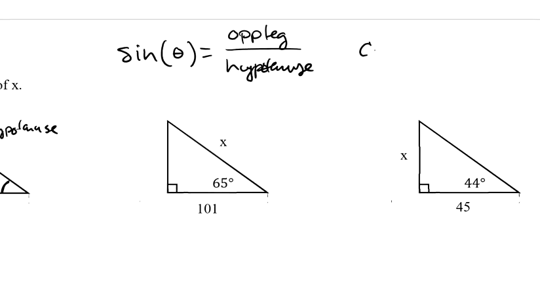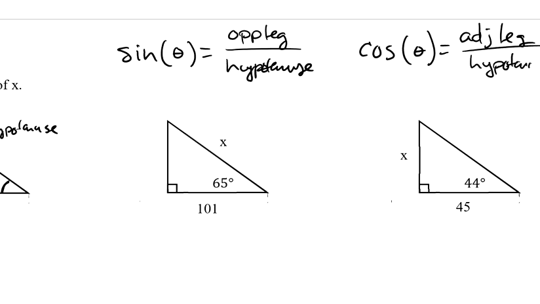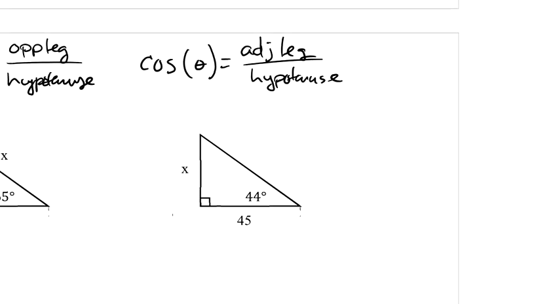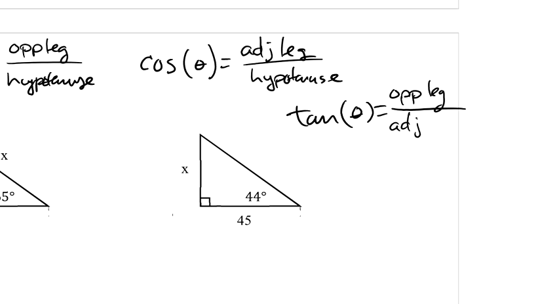The cosine of one of the acute angles is equal to the adjacent leg divided by the hypotenuse. And finally, the tangent of one of the acute angles is equal to the opposite leg divided by the length of the adjacent leg.